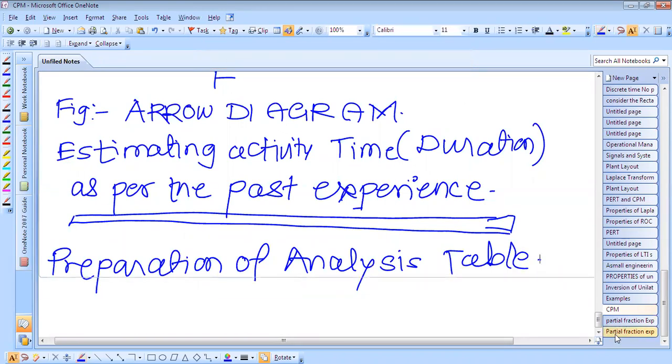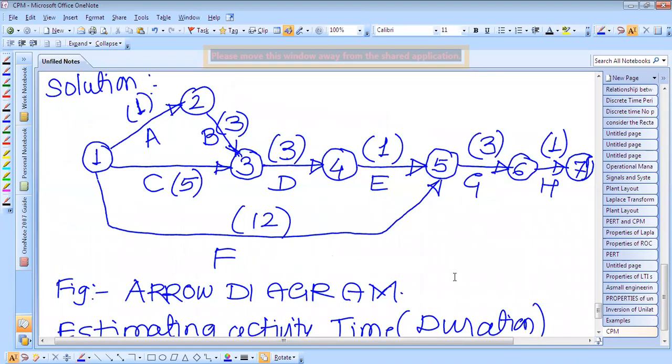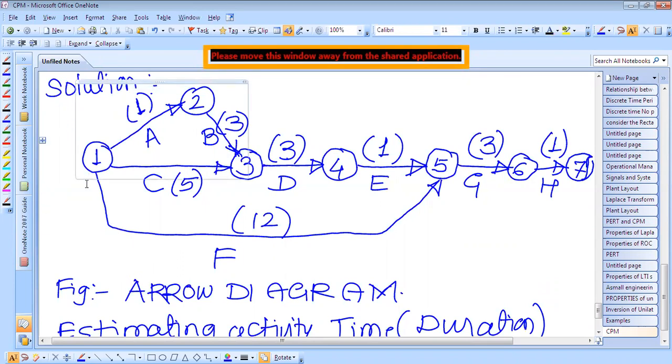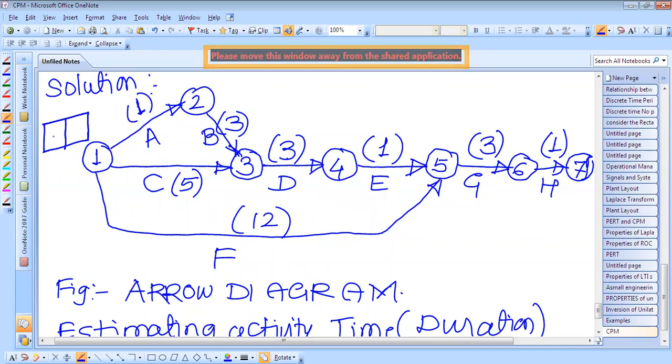So we have to give, for the 1-2 activity, what is the earliest start time and what is the latest finish time. What is the earliest start time for this activity? Obviously it is 0, and the latest finish time is also 0 for this activity.